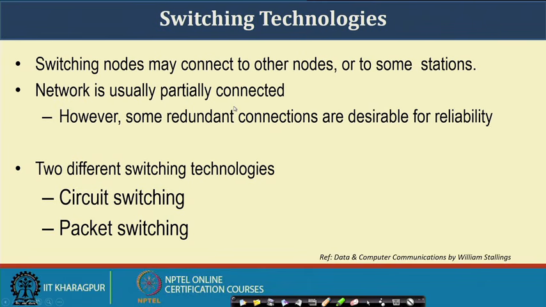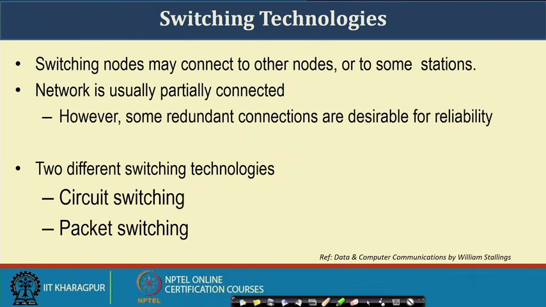A network is usually partially connected; it is not that all routes are established. The routes will be established on demand, and however, some redundant connections are desirable for reliability also, right.